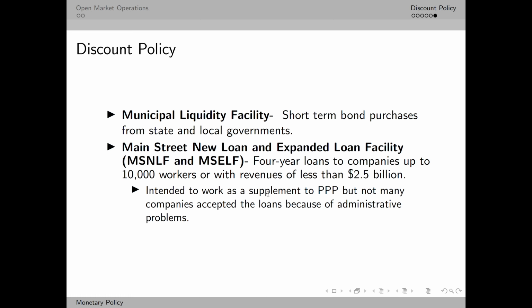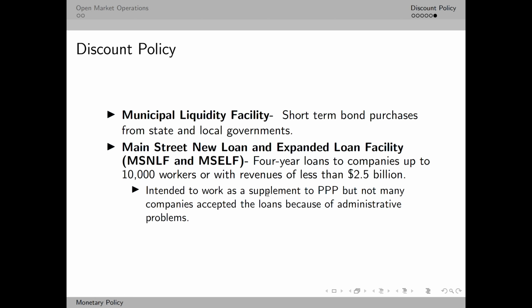These were intended to be 4-year loans to companies with up to 10,000 workers or with revenues of less than $2.5 billion, because the CARES Act put pretty strict caps on which companies could access CARES Act funds. And the Fed was worried about companies that weren't these large, massive companies that could receive direct Fed aid, but still needed that federal assistance.